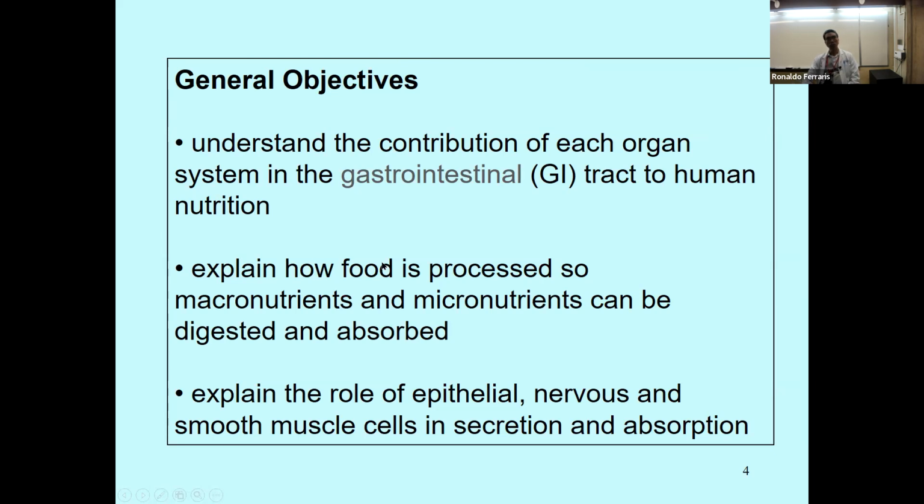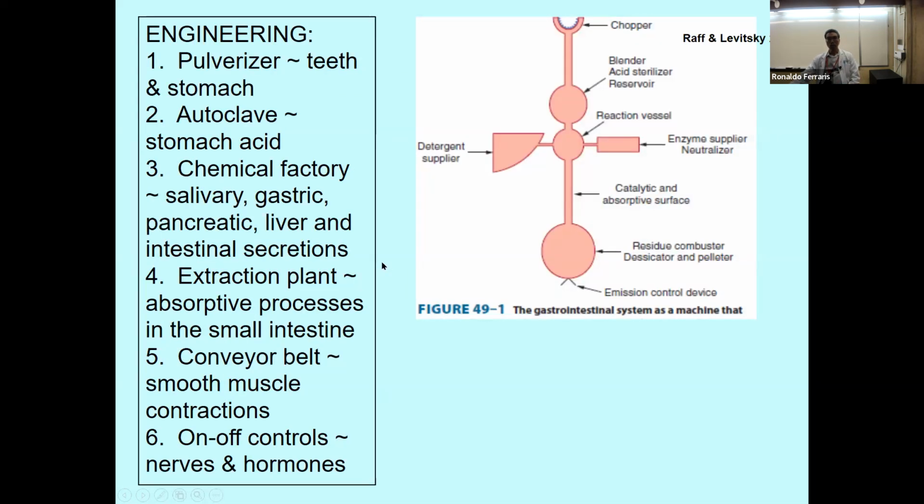So we go back to that mining operation to give you a picture of what the GI system is like. So this is like biomedical engineering. If you're going to design a system to extract nutrients from apple, from meat, from ice cream, then in general, you begin with mechanical digestion, and that's represented here. So these are your teeth and the contractions of your stomach.